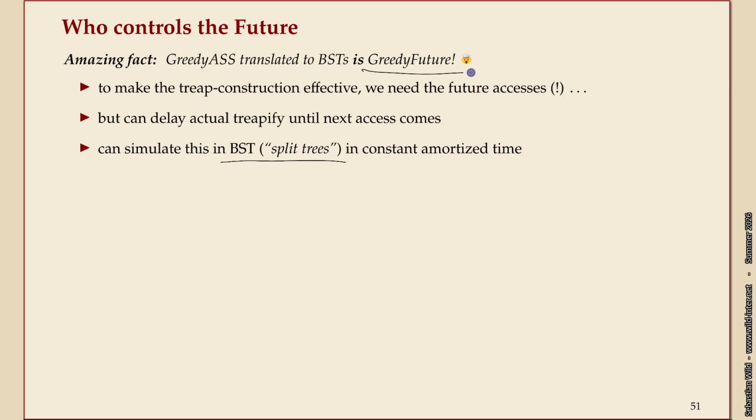The greedy future algorithm was an offline algorithm because it said at each time step, I'm following the search path to the element I have to access now, and then I'm rearranging the top part of the tree that I'm touching, so that the next axis breaks ties. In other words, I'm building a tree based on next axes. I even used the same phrasing at the time, so maybe the connection isn't so surprising.